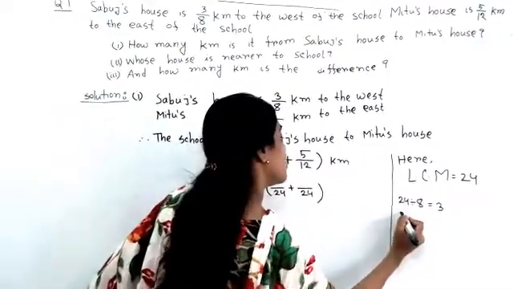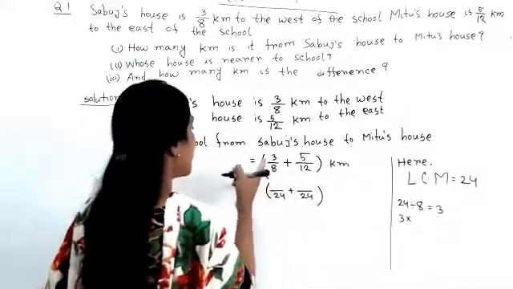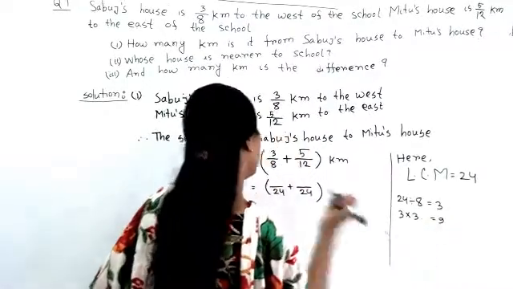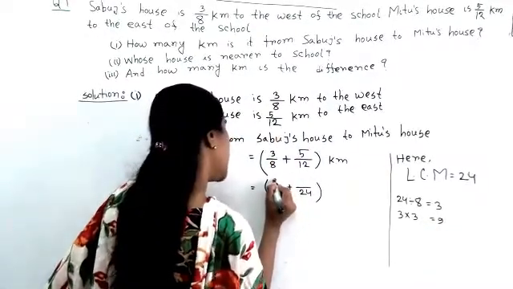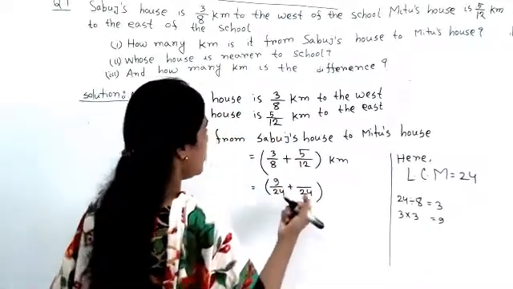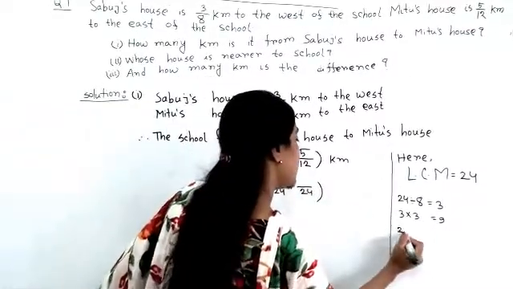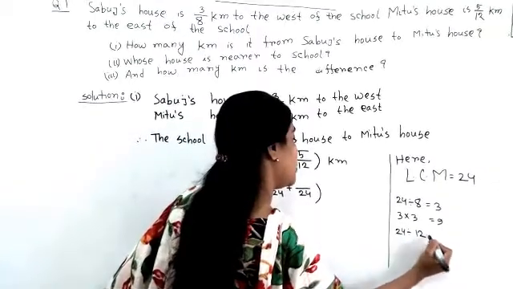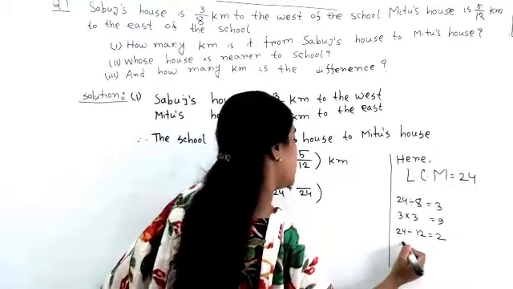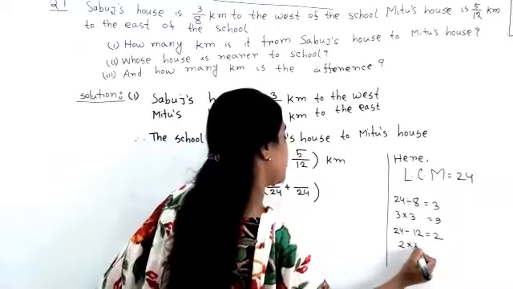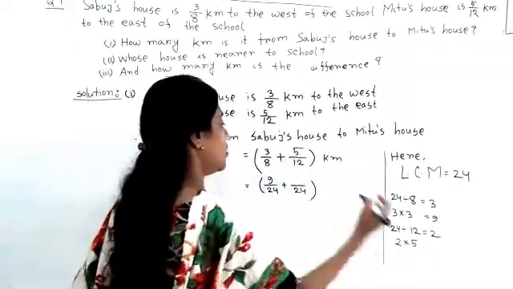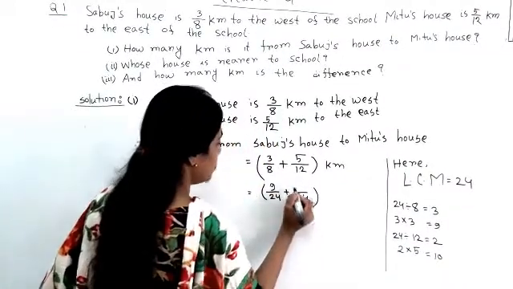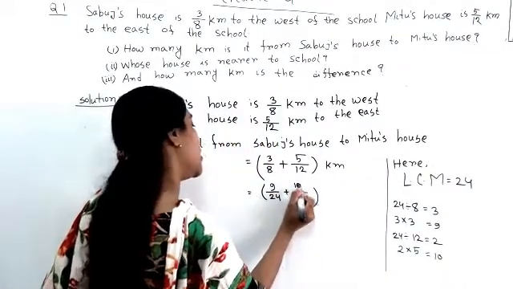This 3 is multiplied by the first fraction numerator and we get result 9. This 9 is written as numerator for the first fraction. For the second fraction, the LCM is divided by 12, that is 2. This 2 is multiplied by the second fraction numerator and we get result 10. This 10 is also written as second fraction numerator.